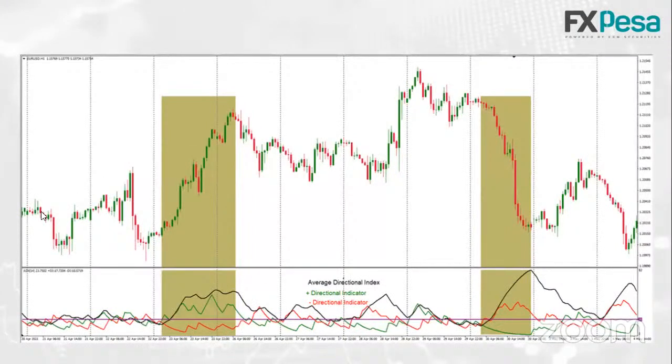If you look at this chart, you'll be able to see that we have 3 lines. The black line here is the average directional index. The green line is the positive directional movement indicator. The red line is the negative directional movement indicator.